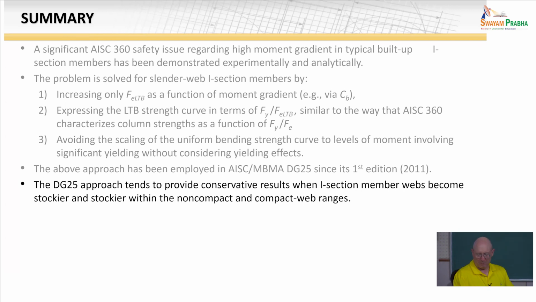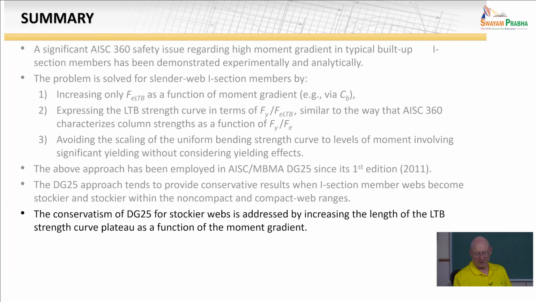But the problem that we tried to address in the work I showed you here is that Design Guide 25 tends to provide conservative results when we have stockier I-section webs.